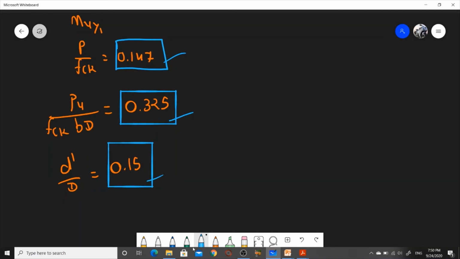So by the graph you can find out MUY1 by FCK BD square, its value is 0.16. You can see all these values are same, so MUY1 value is also same.